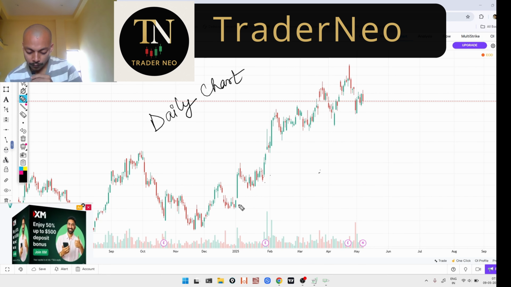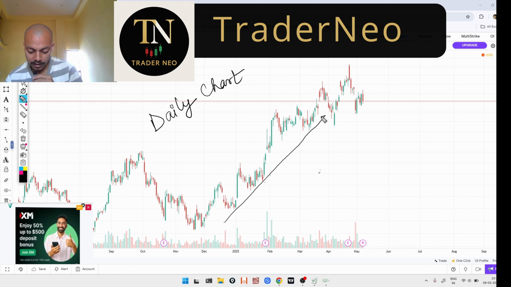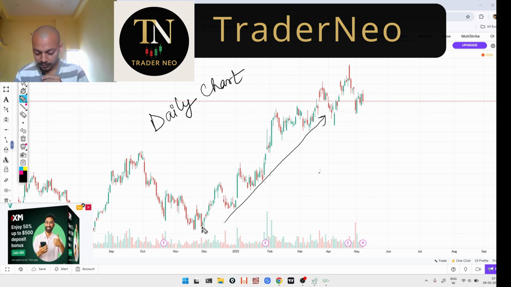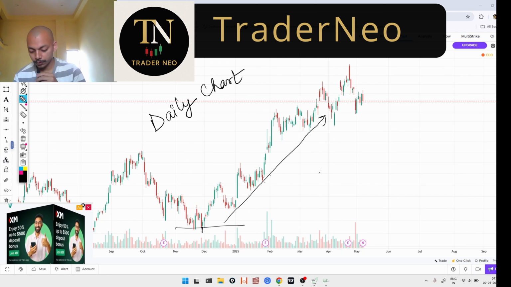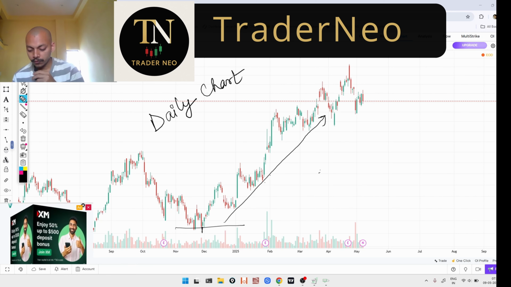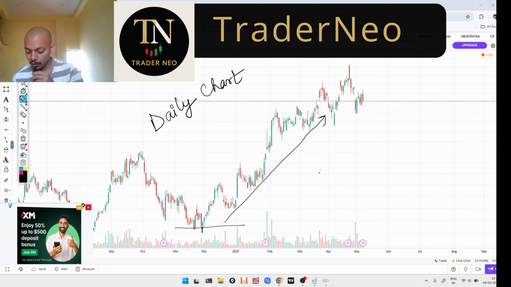I saw that price has been moving continuously up on the daily chart from December 2024 onwards. Here it formed a low, from there it went up. Almost for 5 months it has been moving up, and the movement was how much?